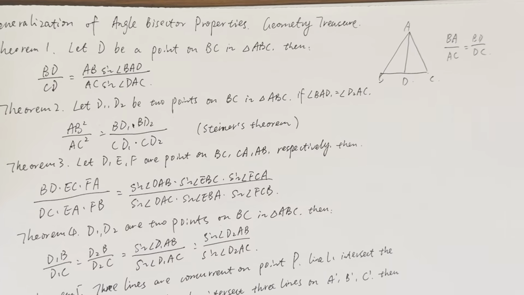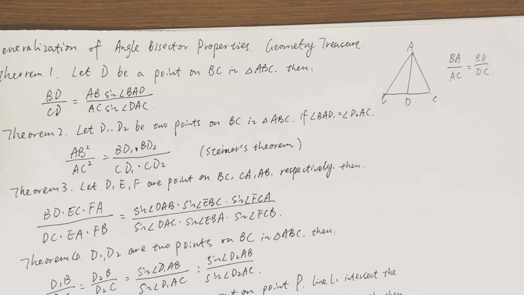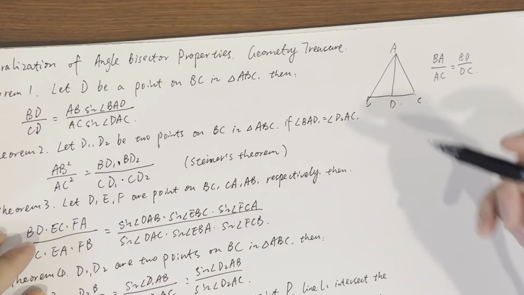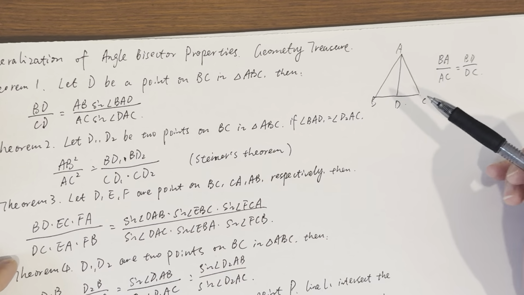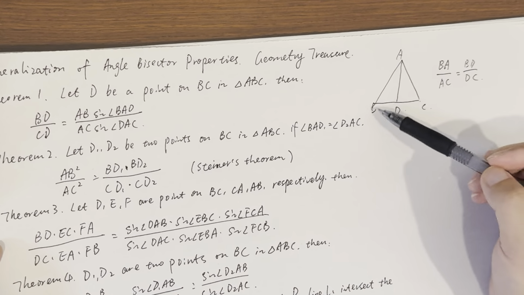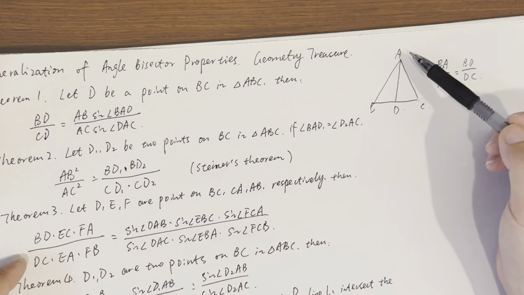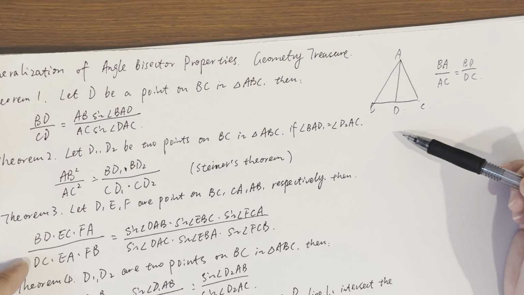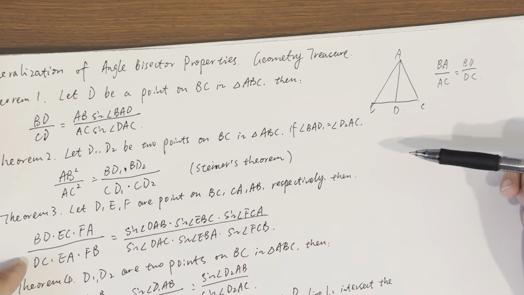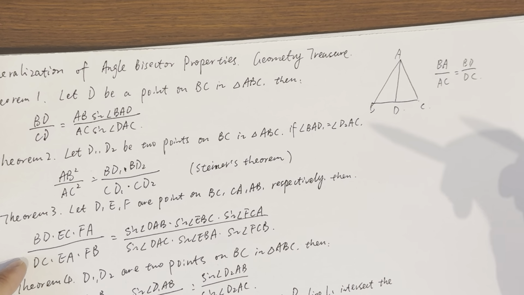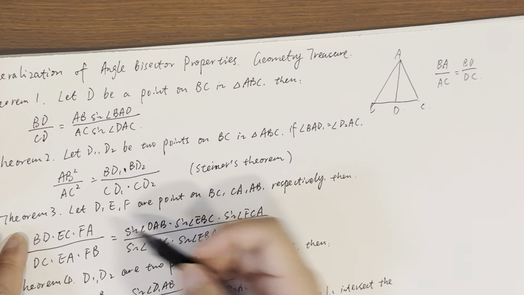So these are the generalization of the angle bisector properties. Basically, it's telling you that when you have an arbitrary point on the edge, not the point of an angle bisector, you can still have this kind of ratio here. And the most critical part, I would say, is this one.